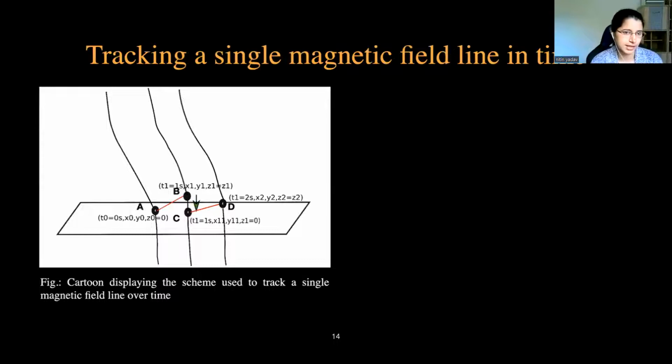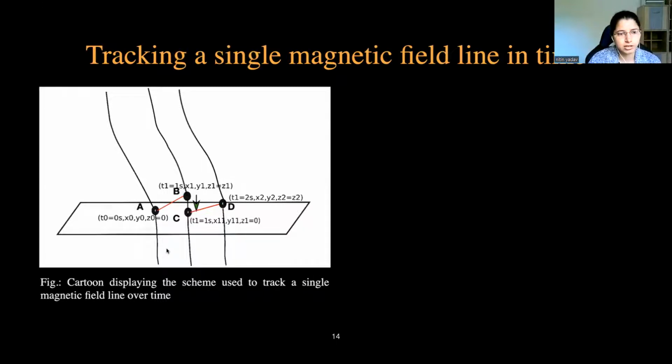Now the cartoon here demonstrates the procedure I used for tracking the field lines in space and time. Let us assume that we have a seed point representing a magnetic field parcel at location A at the mean solar surface at the beginning of the sequence. Now we trace the magnetic field line in the 3D domain using the magnetic field vector component at t equal to 0.